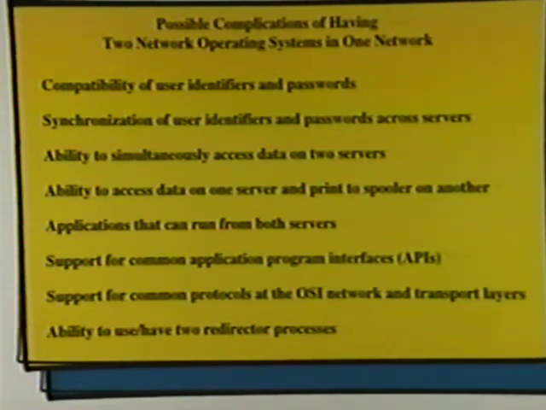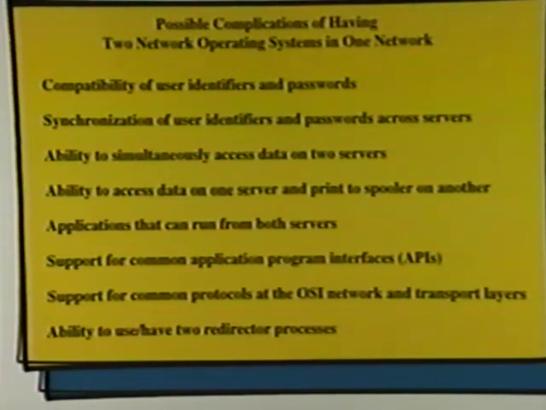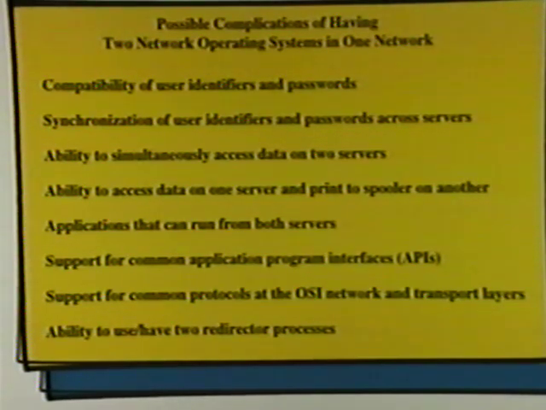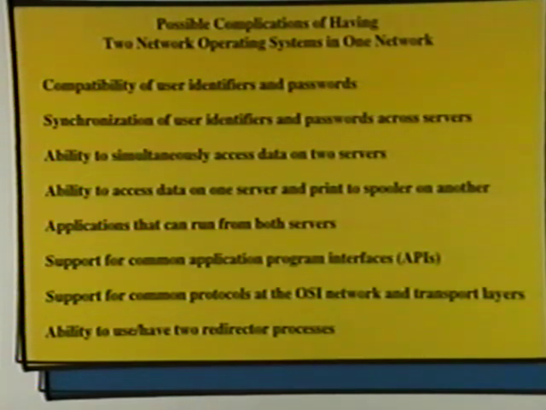Another problem is the ability to access data on one server and print to a spooler on another. This is essentially a broadening of the previous point where, in general, we're trying to make two requests to two different servers. One is involving data and the other is involving printing, but sometimes we end up with complications when we try to do that.